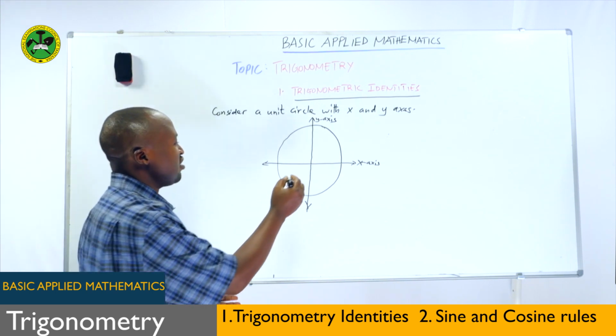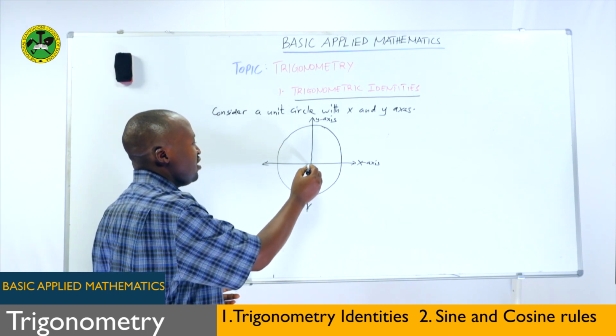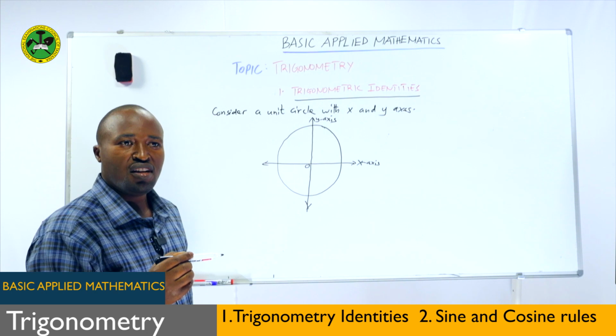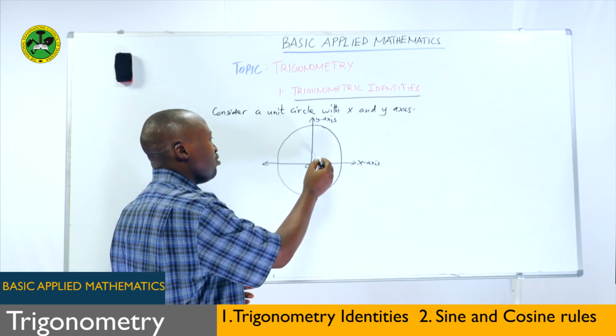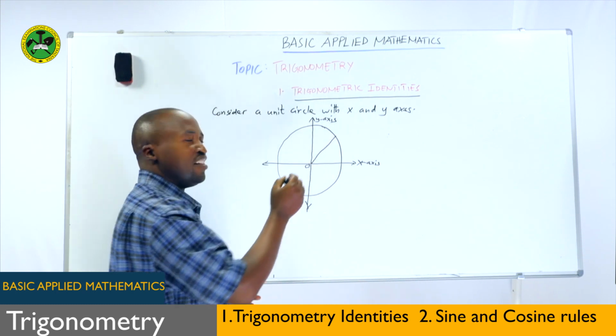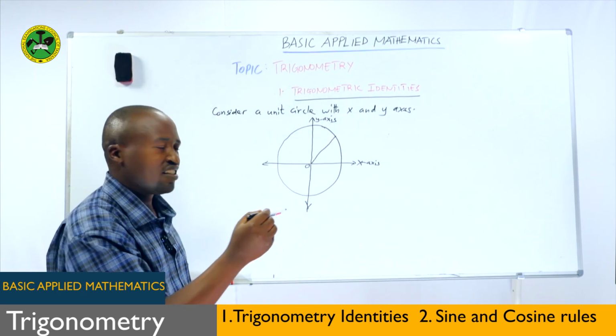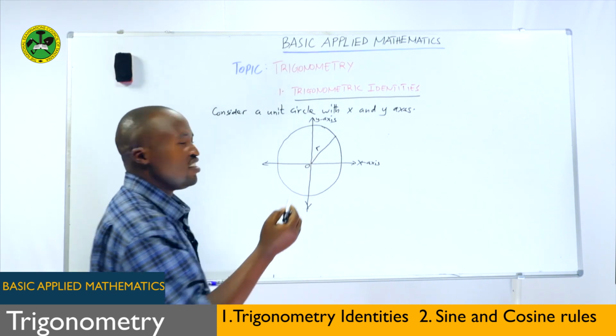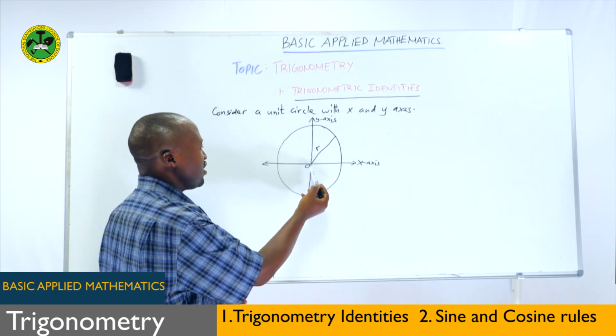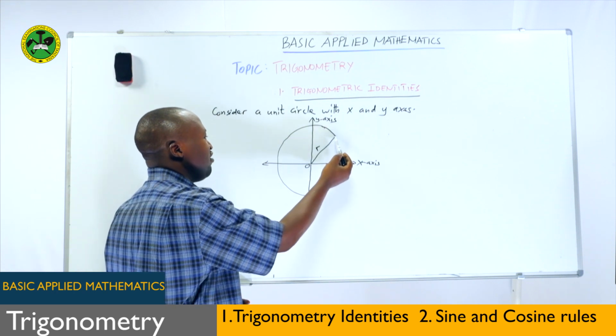Now we have the center of the circle, call it A. That is the center of the circle. And any distance from the center of the circle to a point on the circumference is called the radius. So here, just write R. That is any distance from the center of the circle to any point on the circumference.